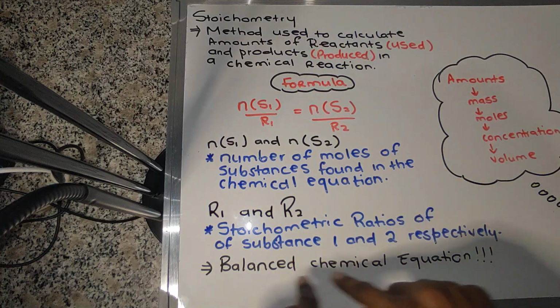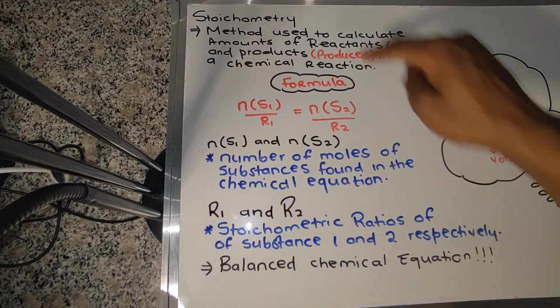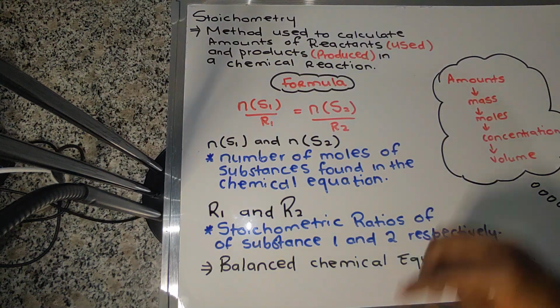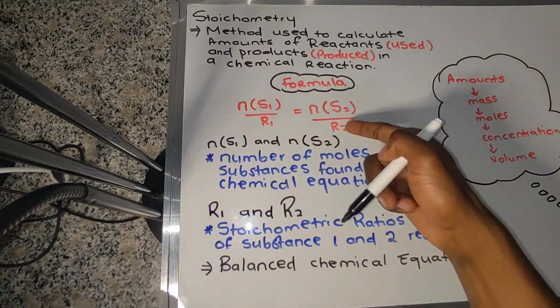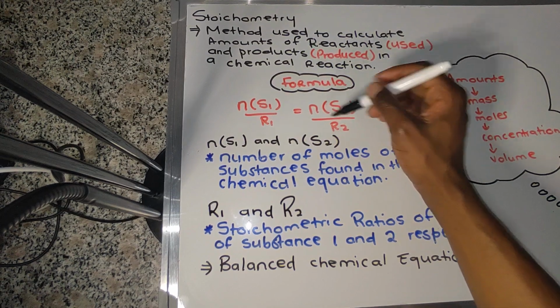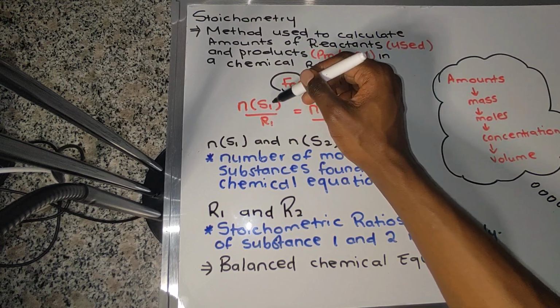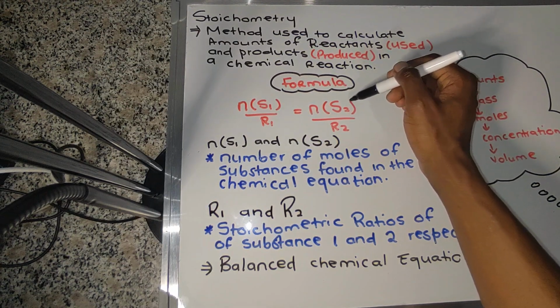I did mention that a balanced equation is necessary to do calculations under stoichiometry. Now, how to use this formula? These numbers are going to be balancing the chemical reaction, so it's easy. This number is balancing S1 in the chemical equation. This number is balancing S2 in the chemical equation.